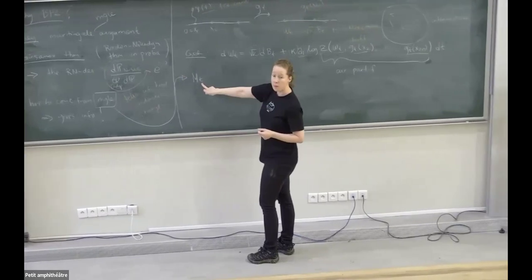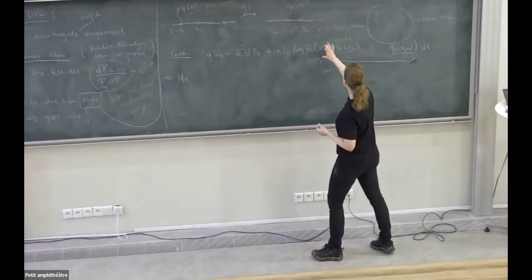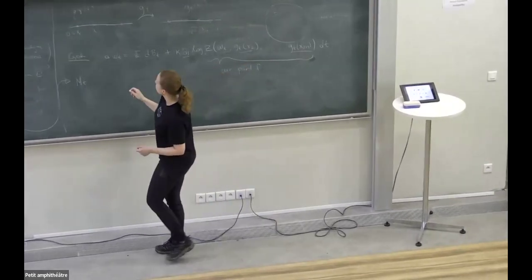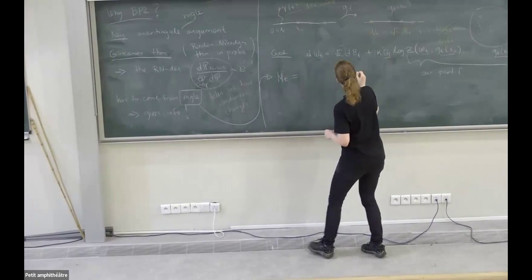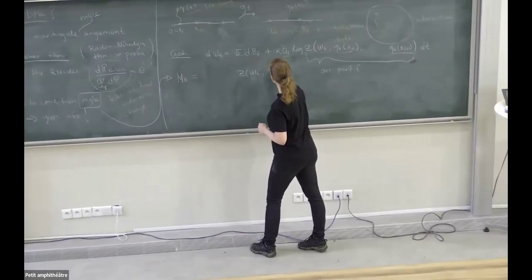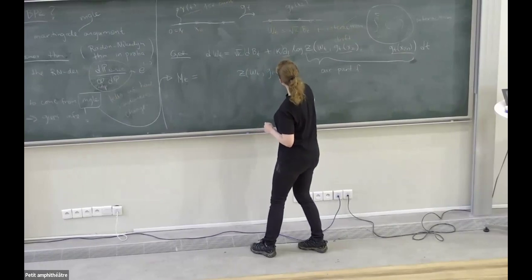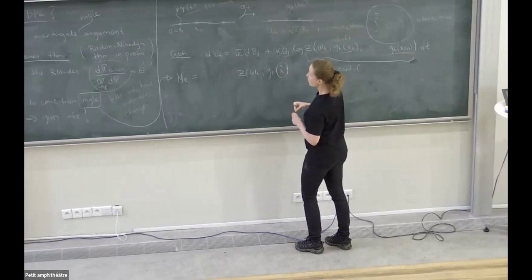It's a process in time, and it's built from this interaction. So I can write it as just a Z times some prefactor. So let me write here GT of x hat, which is all these other points, because I don't want to write them all the time.